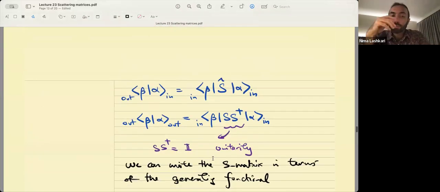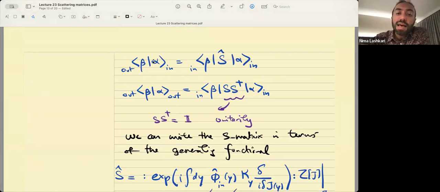All right. So what was the S matrix? The S matrix is some α in overlap with some β out. So you could write this as α in, β in, with some S here.